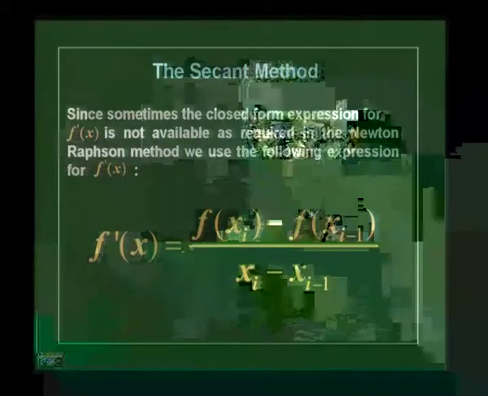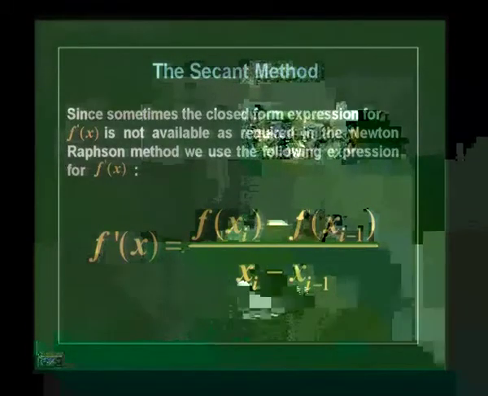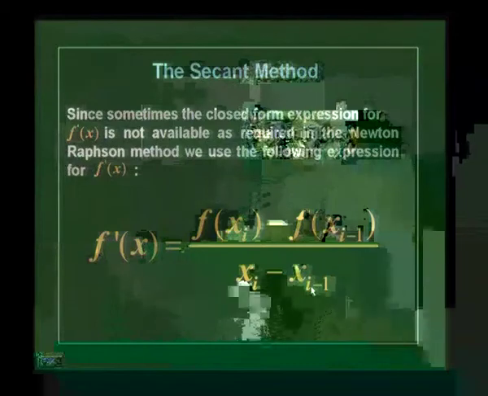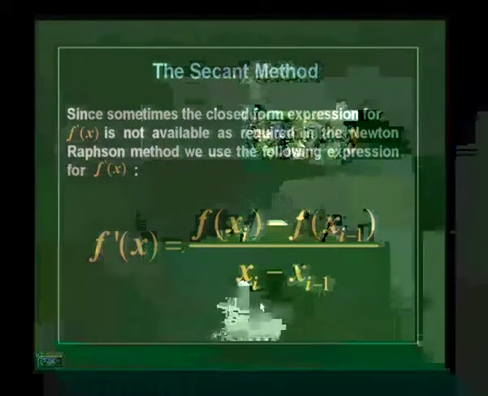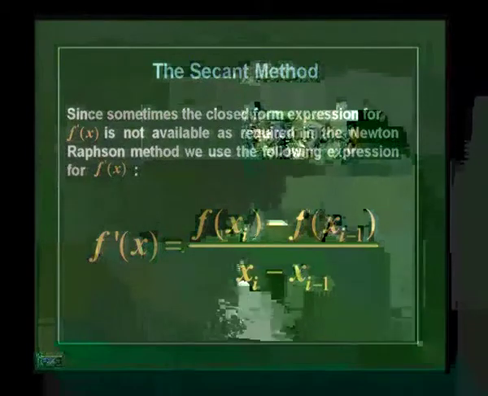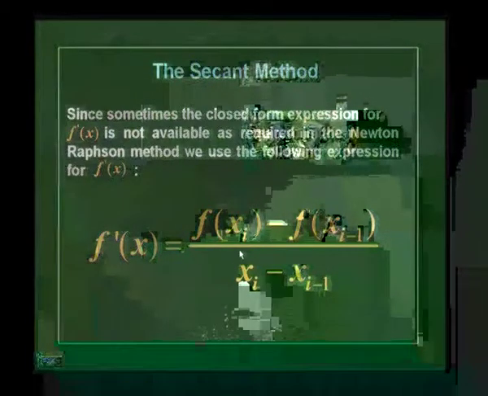So, the idea is that we will not find f prime exactly, but simply replace it by this formula, where to start with xi and xi minus 1 are our guesses. Now, what is the difference between this and the false position method?